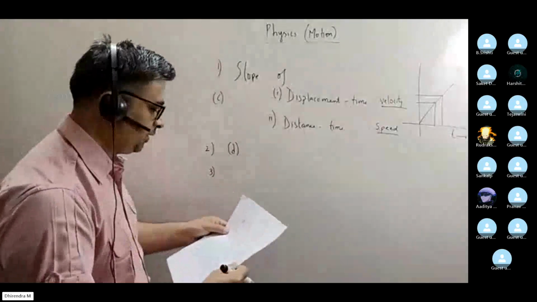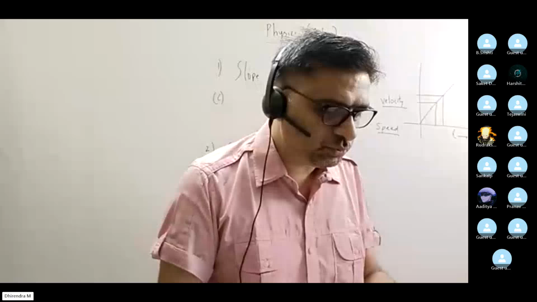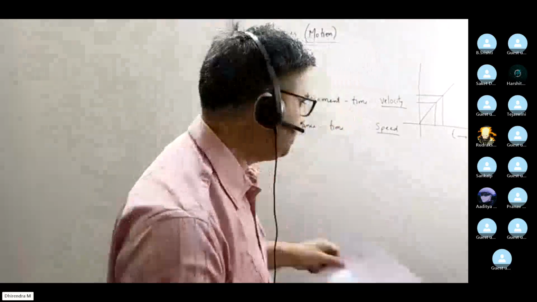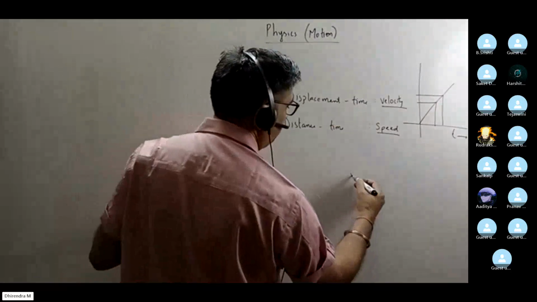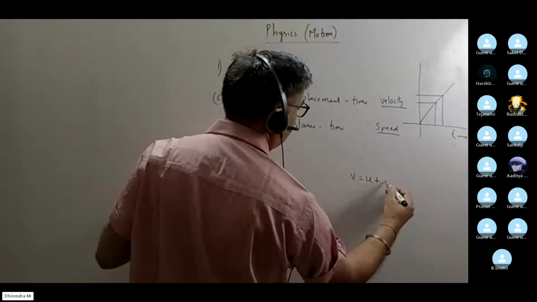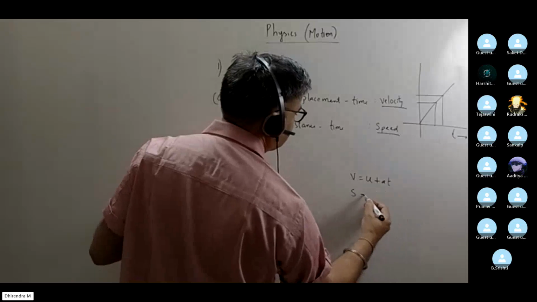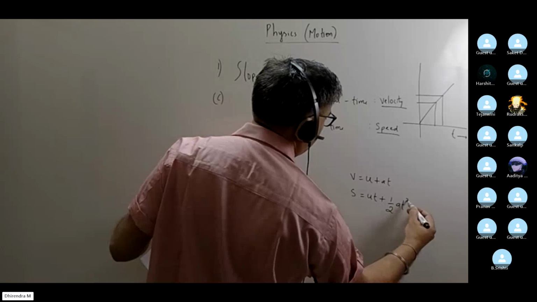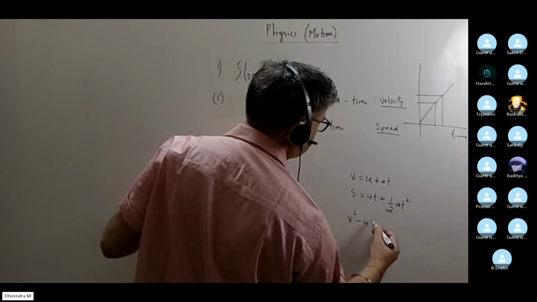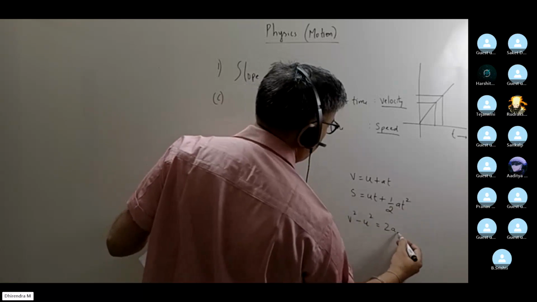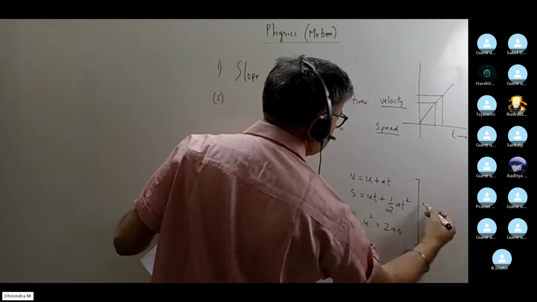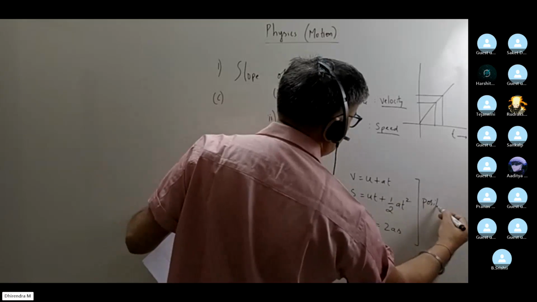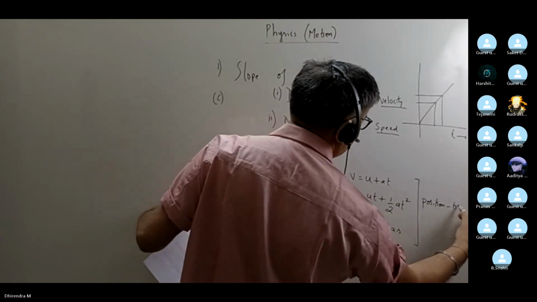Question number 3. The position time equation is what? So there are 3 equations of motion that we know in all. v is equal to u plus at. s is equal to ut plus half at square, and v square minus u square is equal to 2as. And the question is about the position time.